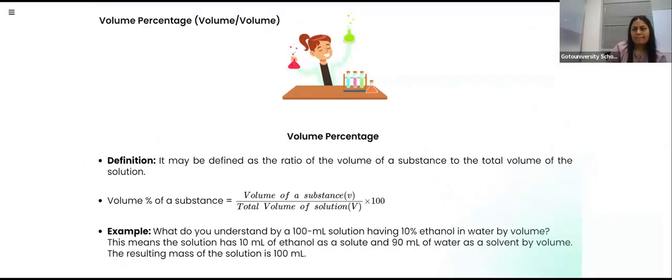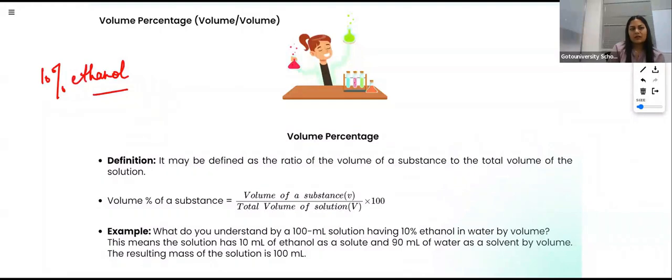Okay, so the formula we are using here is volume of a substance by total volume of a solution multiplied by 100 to get the percentage.